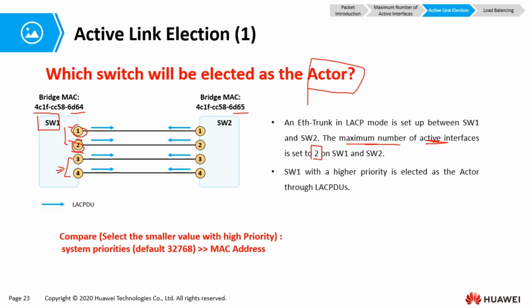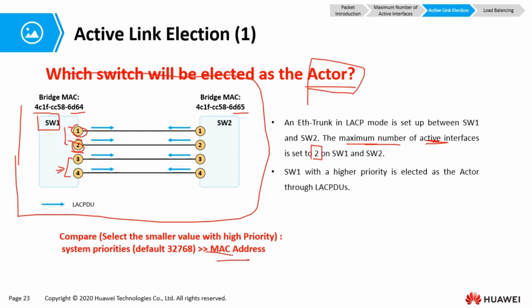Remember how we select the actor? It is based on the system priority. So how do we check the system priority? On this diagram they did not give you the system priority, so you have to check their MAC addresses, as I checked just now, 6064 and 6065.